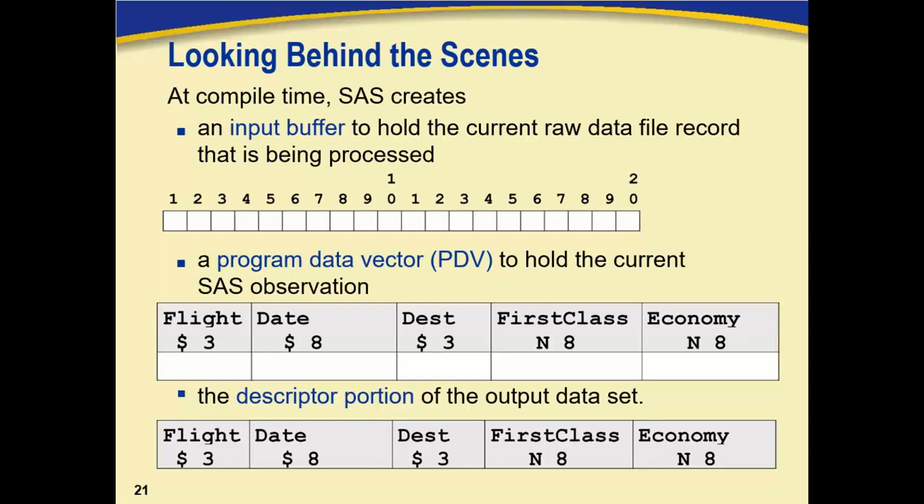What exactly does the input buffer mean? It holds the current raw data file record that is being processed. Before that, you need to know that whenever you create a data set, the data will be processed record by record, nothing but row by row.